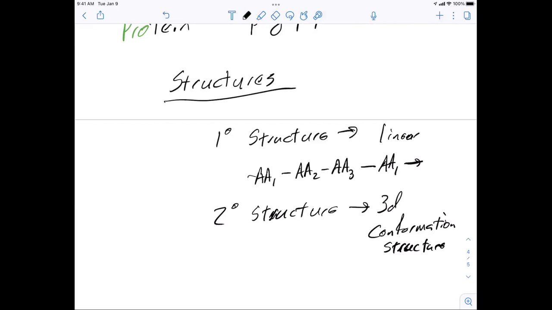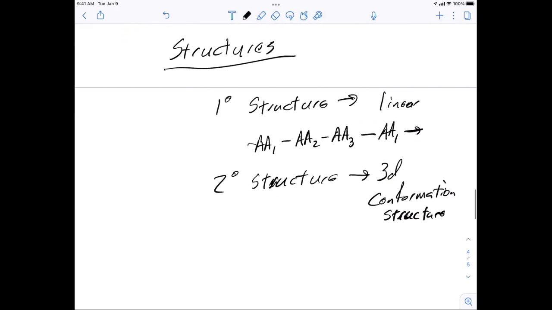Whenever you have an amino acid, there's going to be a natural 3-dimensional conformation for that amino acid. And when I connect that amino acid to another amino acid, now you're going to have 2 3D conformations interacting with each other. And so the secondary structure is just going to be the lowest energy structure for that, right? And so therefore, it can form different things. The 2 most common, and they can have different sizes based on the amino acids, is the alpha helix, right? And the beta pleat, or pleated sheet.